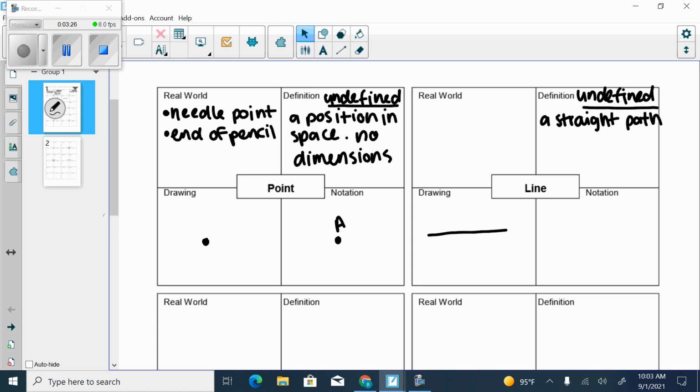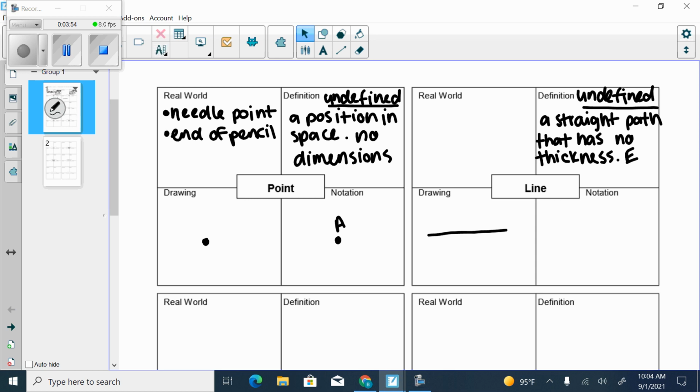It also has no thickness, right? This is not something that's three-dimensional that we're talking about. And it's going to extend forever, right? There shouldn't be any endpoints on it.